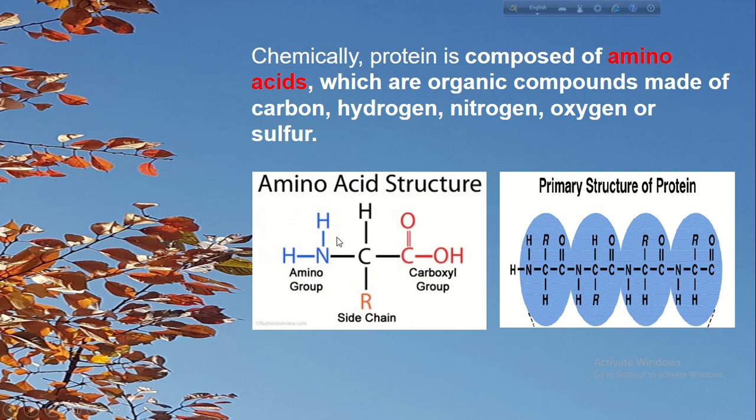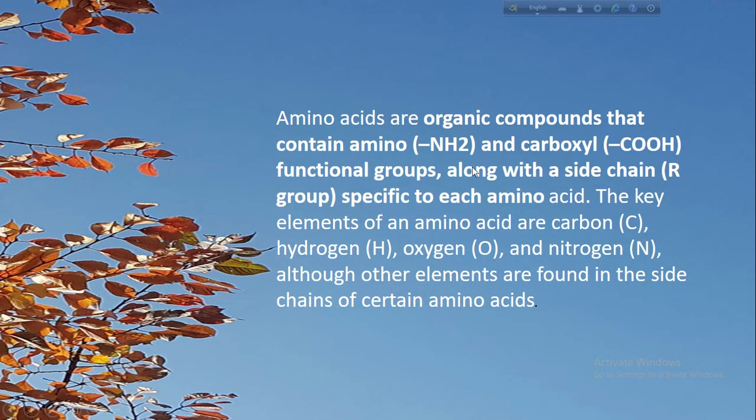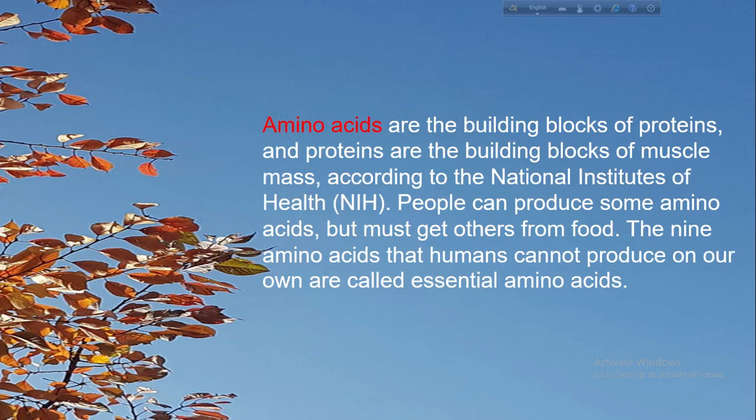So this is the basic structure of the amino acid, along with a side chain R group specific to each amino acid. The key elements of an amino acid are carbon, hydrogen, oxygen and nitrogen, although other elements are found in the side chains of certain amino acids. So protein is a complex compound of amino acids.